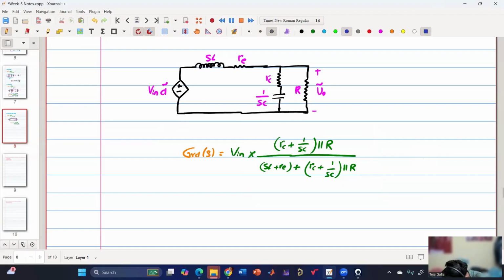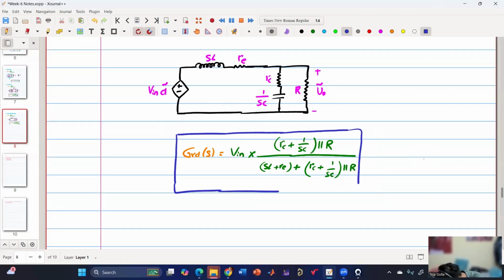So this is what we got. And hence both will have the same numerator and denominator. The only difference is that there we have D in the transfer function, and here we have V in in the transfer function. So both are quite closely related. So is this clear? We have discussed all the four transfer functions for the ideal buck converter first, followed by the practical buck converter.